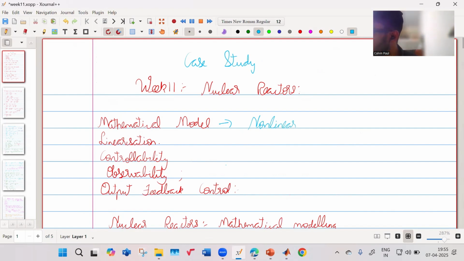Since it is non-linear, it had to be linearized around a steady-state operating point. So linearization was done. Then it was checked whether the linearized state-space model is controllable or observable. And these were controllable and observable only if theta naught is greater than zero. That is, the neutron flux density should be positive, should not be zero. If the neutron flux density is zero, we cannot control it, we cannot observe it. What happens during startup conditions, etc., I will discuss and is not considered here.